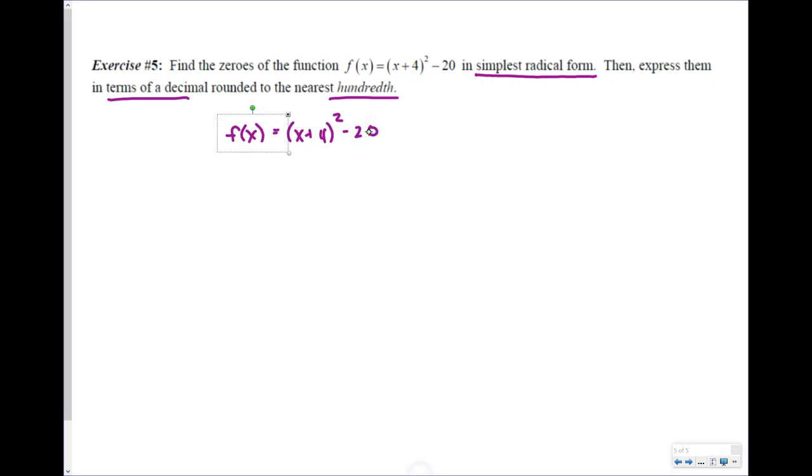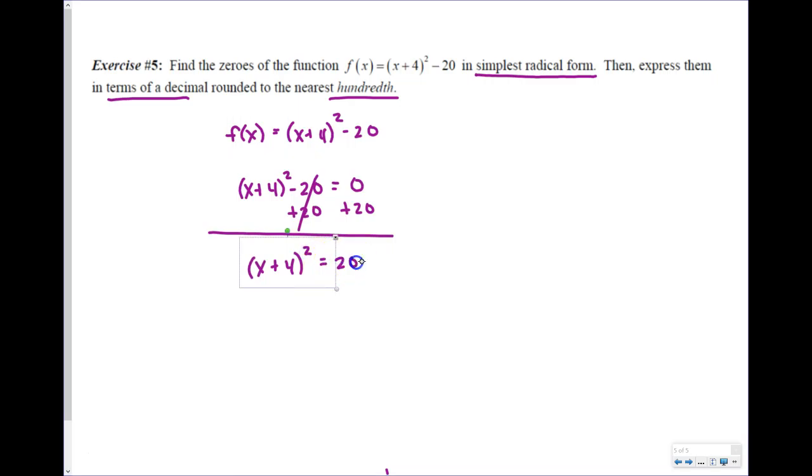Okay, and the first thing I'm going to do is I'm going to set this equal to 0. So I'm going to rewrite this as x plus 4 squared minus 20, and I'm going to set it equal to 0. That's the very first thing. Okay, now I'm going to add 20 to both sides.